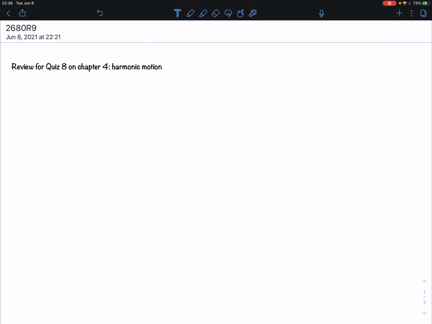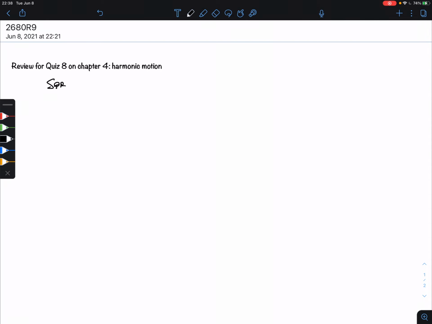So we have a spring. I'm going to write it a little bit shortcut, but give you all the data. An object weighing 64 pounds stretches the spring 4 feet from equilibrium.